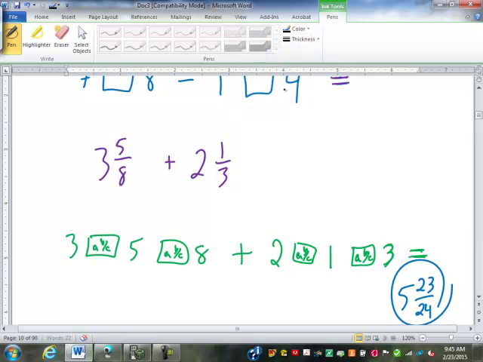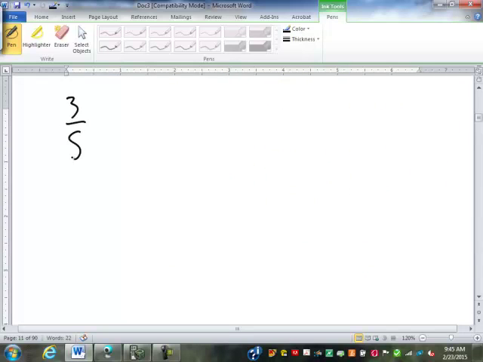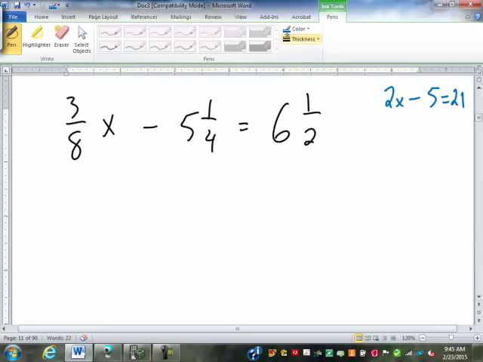So now as we go about solving these equations, we can use the calculator to do the calculations for us to help us out. So let's try this one. 3/8 x minus 5 and 1/4 equals 6 and 1/2. So, what would we do to solve this? Think of it like this. If this were 2x minus 5 equals 21, what would we do first? You'd add the 5, right, to get rid of it?